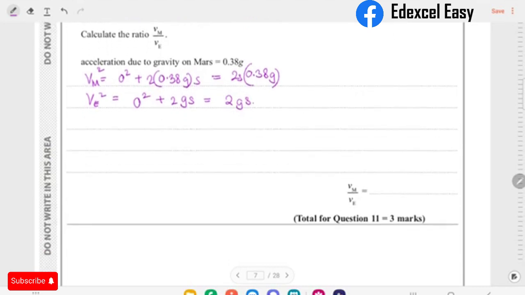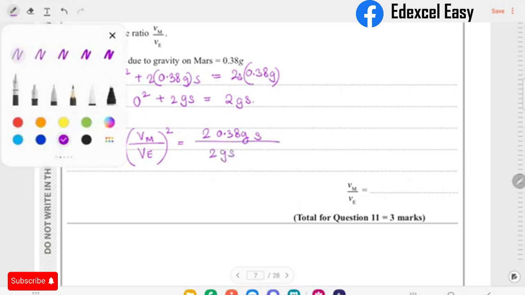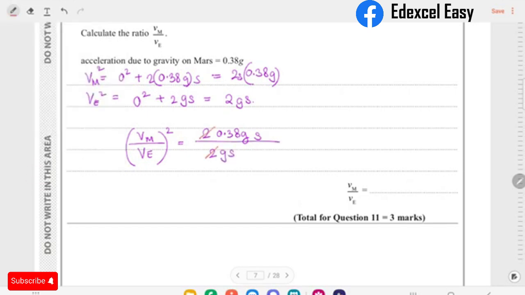But finally, since you are trying to find the ratio, you use this Vm over Ve, both with a square, because they had separate squares, right? We can use the basic indices rule of mathematics, and you can write it like this. On the right hand side, you have 2 times 0.38 g s over 2 g s, which clearly shows that 2 will be cancelled out, g will be cancelled out, s will be cancelled out.